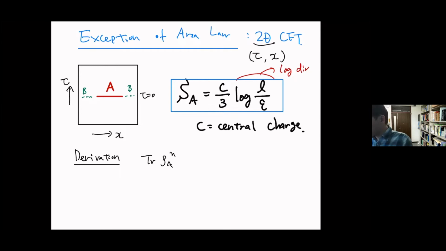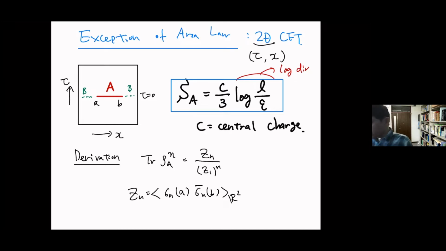The trace of rho to the n. This is something we just explained, the replica trick. And this Z_n looks like a twist operator correlator, at A and B, where the bar means the complex conjugate, and this is just R_2, right?